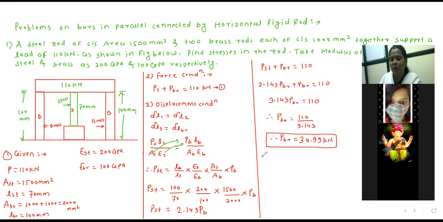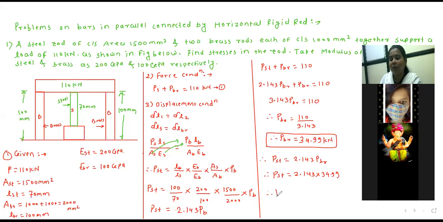Now we will find out for steel. Therefore, P steel is equal to 2.143 into the load taken by brass, which is 2.143 into 34.99.